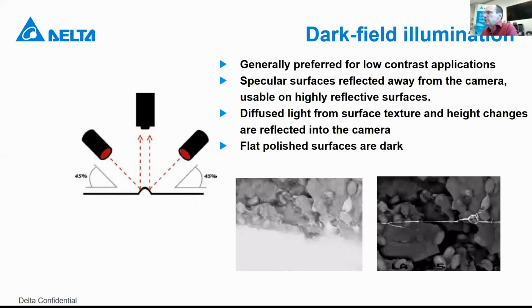It generates lower contrast, but depending on what you want to see, of course. With that one, you can create light back into your camera on things that you want to see, which you normally do not see if the light is coming from the front.